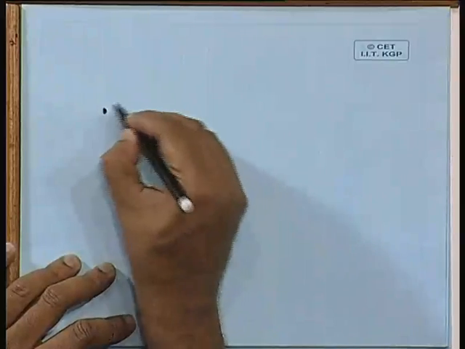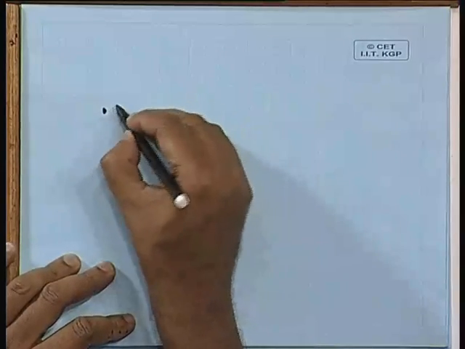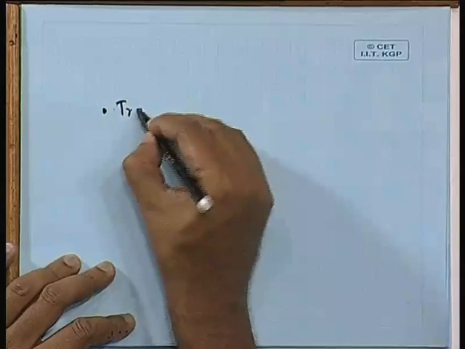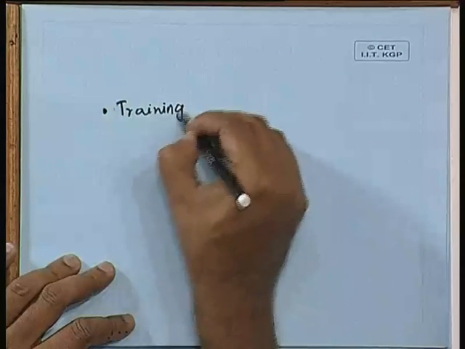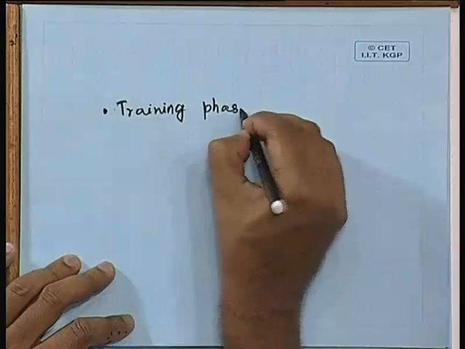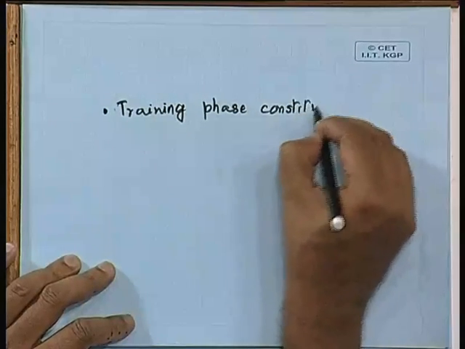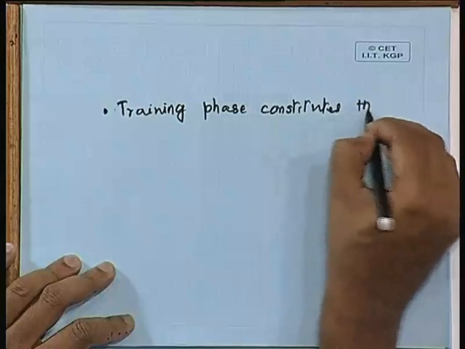So, about this gamma we can say two things: that the training phase constitutes the optimization of the fitting procedure.